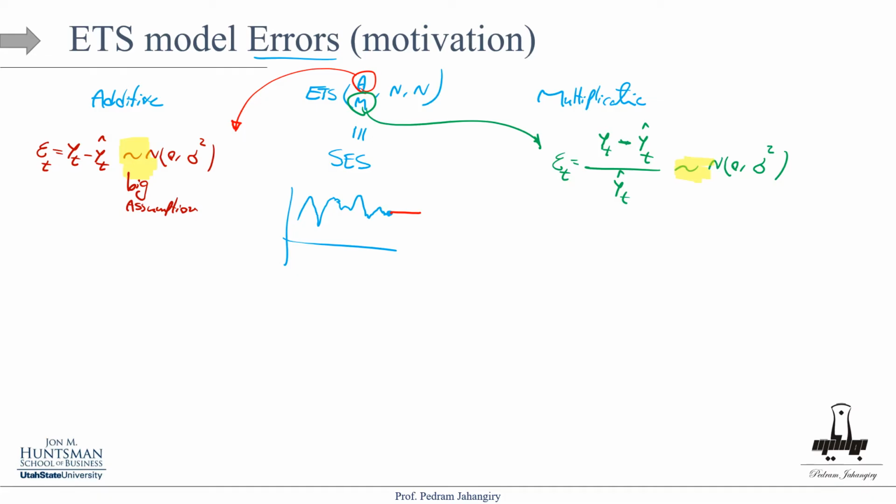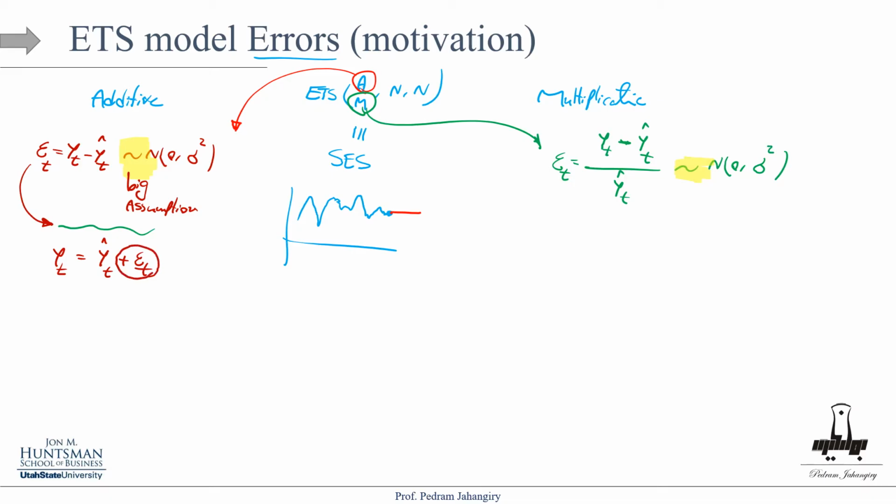So the implications are, let me actually write down the equation for our yt, because remember we had, let me use red, something like this, right? We had yt is equal to y hat t plus epsilon. So I'm just simply singling out yt, right? And that's basically where the additive term is coming from.